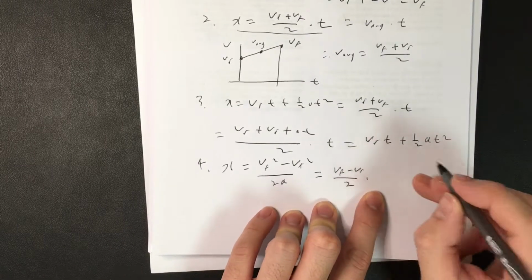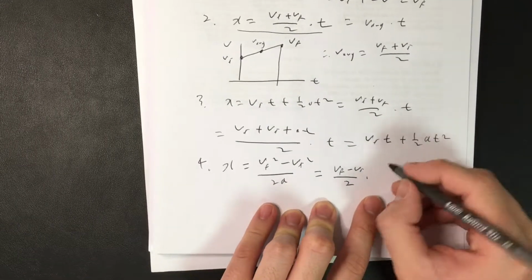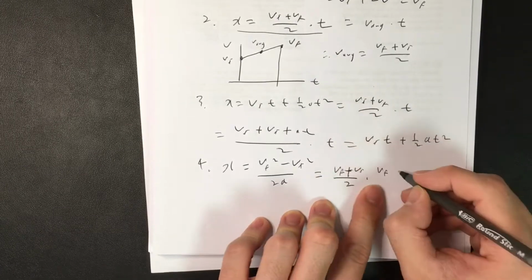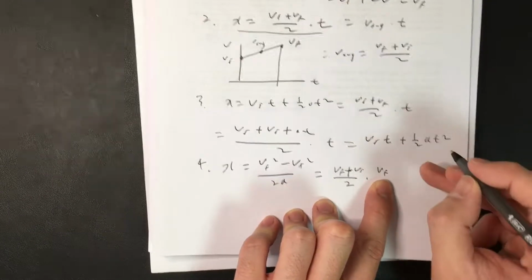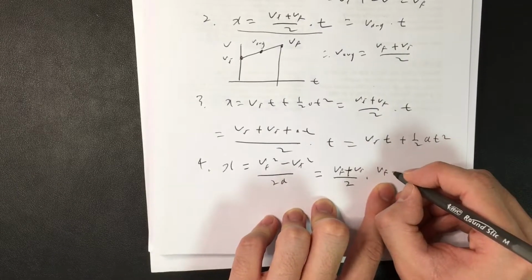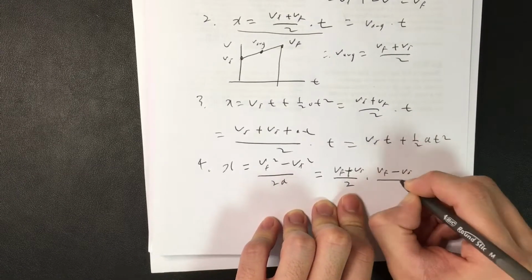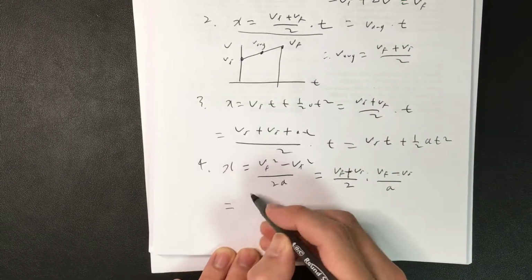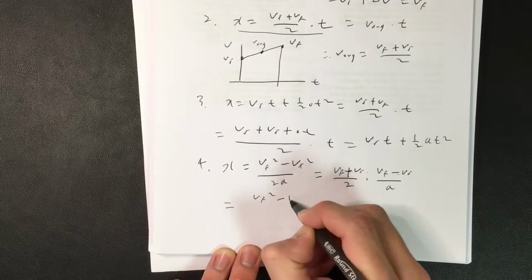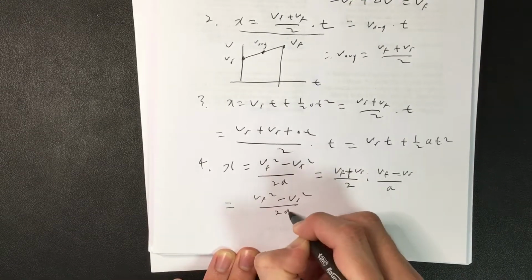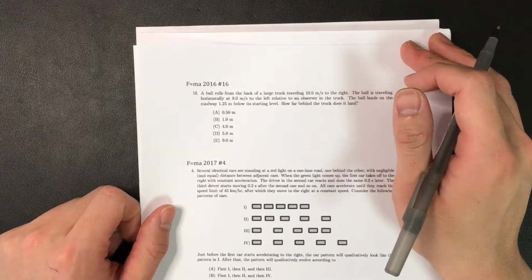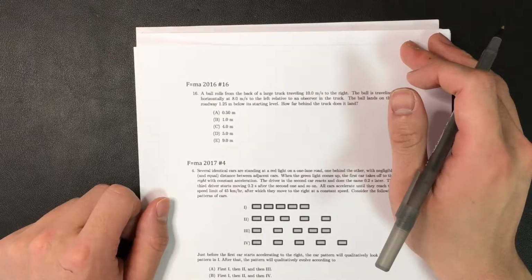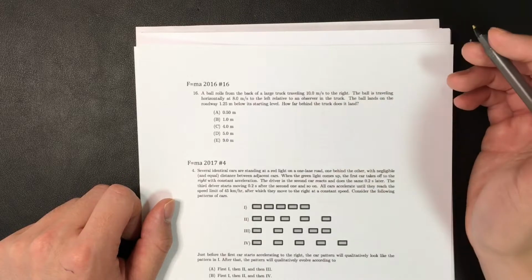If you solve for time with respect to velocity and acceleration, this becomes (v final minus v initial) over the acceleration, in which if you multiply this out, this is going to become (v final squared minus v initial squared) over 2a. So I've prepared 4 questions from the F equals ma exam from the recent 3 years.